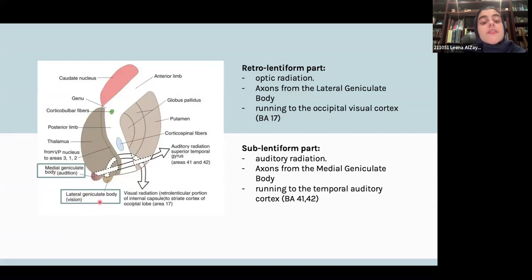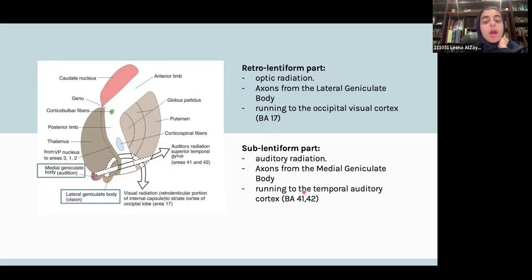So you're studying visual radiation to the occipital lobe, which is responsible for your vision. Okay, so retrolentiform is lateral geniculate optic radiation to the occipital lobe, or Brodmann area 17. Sublentiform area is auditory radiation from the medial geniculate body to the temporal auditory cortex.